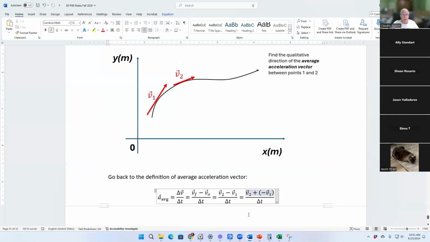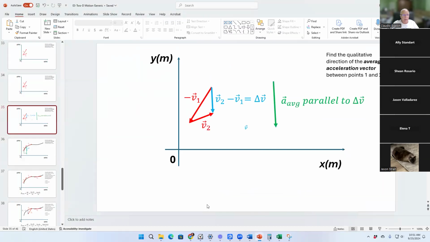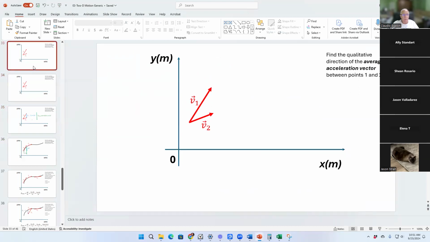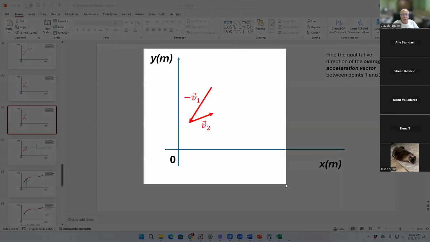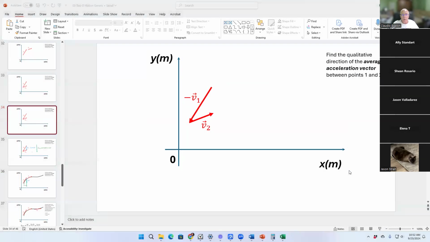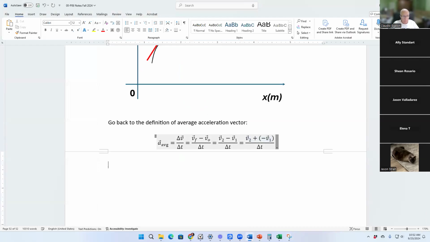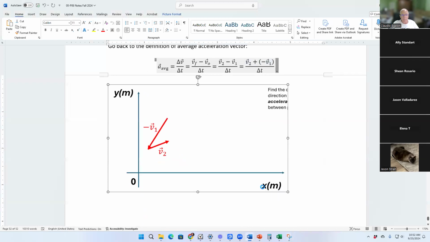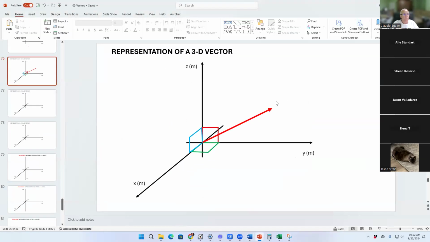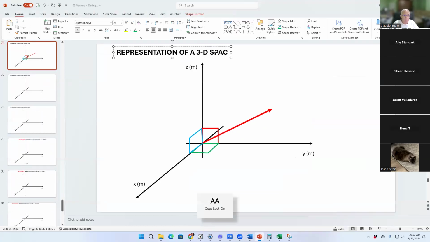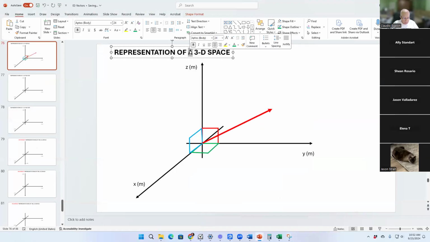Let's go to our notes. Here we go. And I'm going to copy this one that you see right in here and put it in the notes. The next one, of the 3D space.